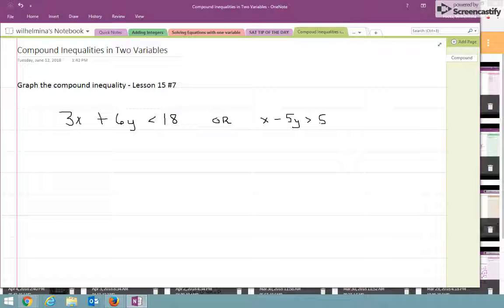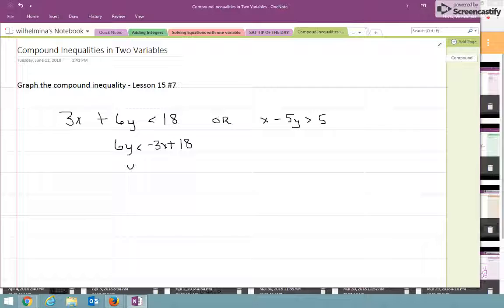So the way I'm going to change these inequalities to slope-intercept form, I know there's not an equal sign there, but we're going to isolate y. So that means I'm going to move 3x to the right. And if I move it to the right, it's going to be negative 3x. Bring down my 18.